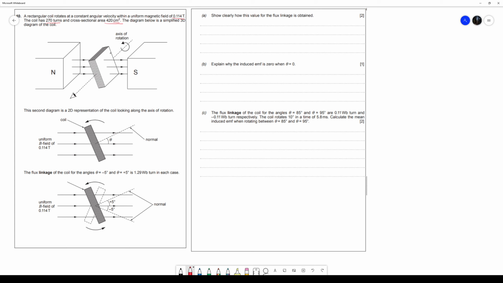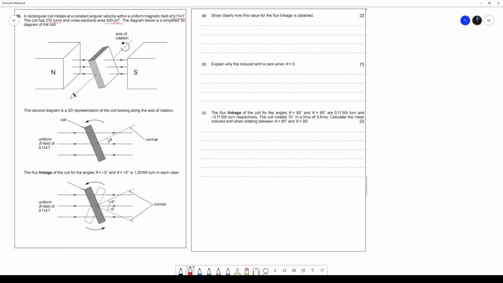So here's our coil wrapped around in this square. It's spinning in between these two magnetic poles. And this is the 2D representation, and here we've got the angle. Remember, we're treating area as a vector here, and we take the direction of that vector to be perpendicular to the plane in which the area is measured.